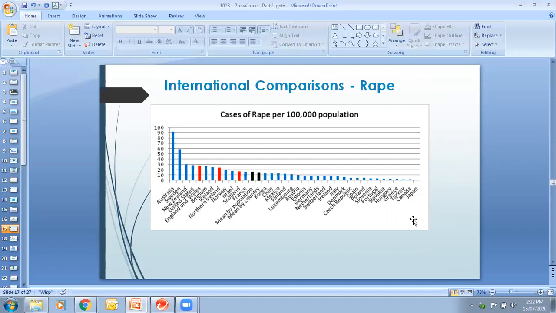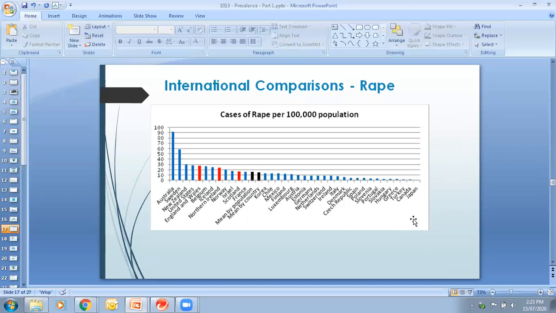So why are we so much higher than the US? Well, because people are prepared more to report it here because they feel safer to do so. So if you think about a country like Japan, it would be very shameful for a Japanese woman to report being raped. So it is less likely to be reported over there.